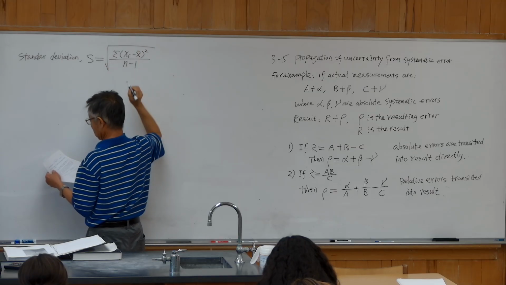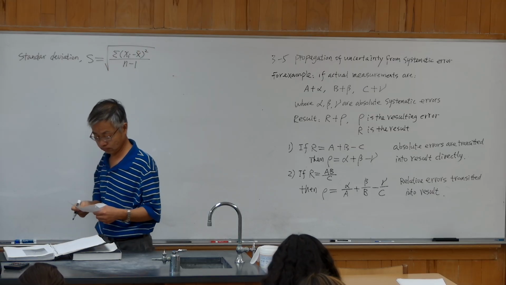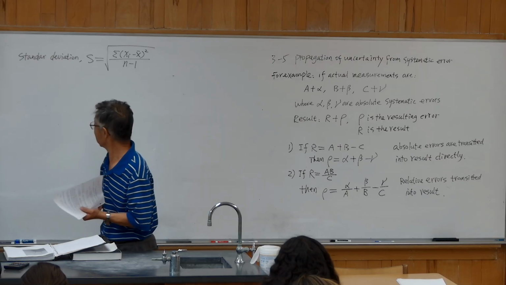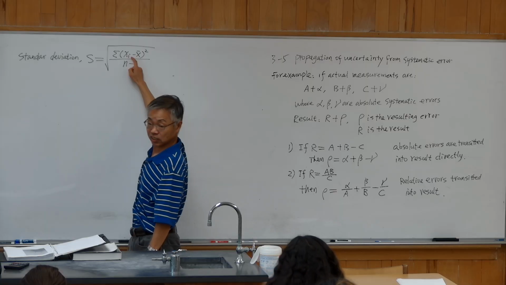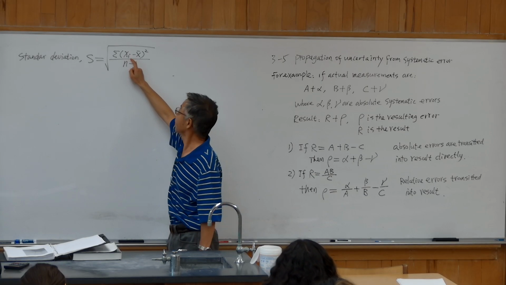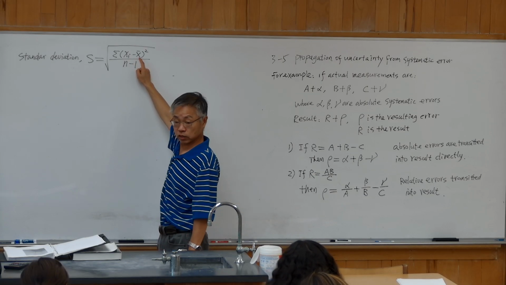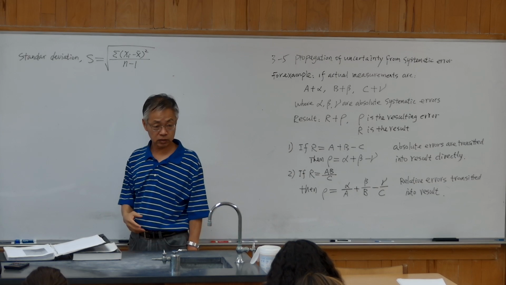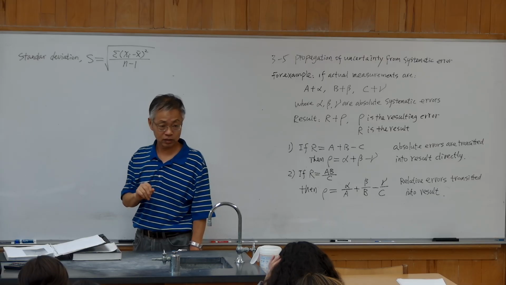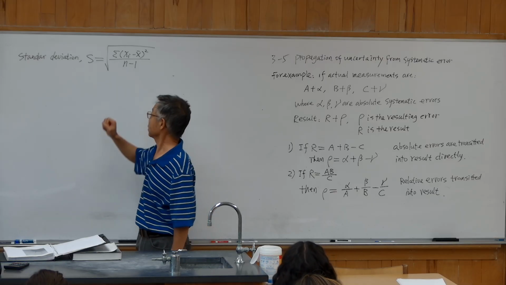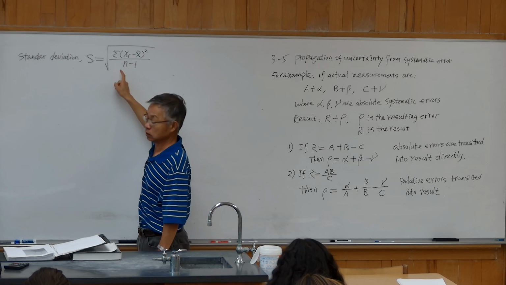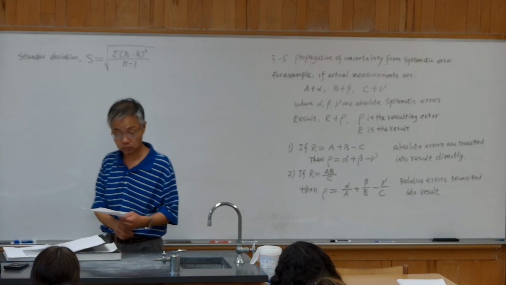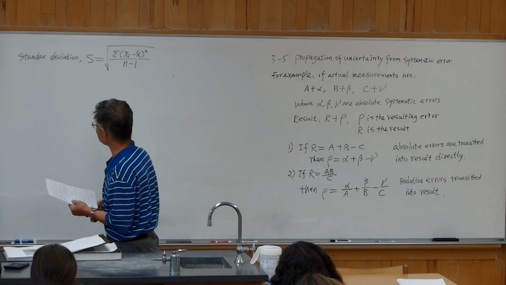What does this mean? Xi is each individual measured value minus x bar, which is the mean value. So each individual measured value minus the average, give it a square, then add them together, sigma is sum, right? Divided by n minus 1, then square root. So this is the standard deviation.